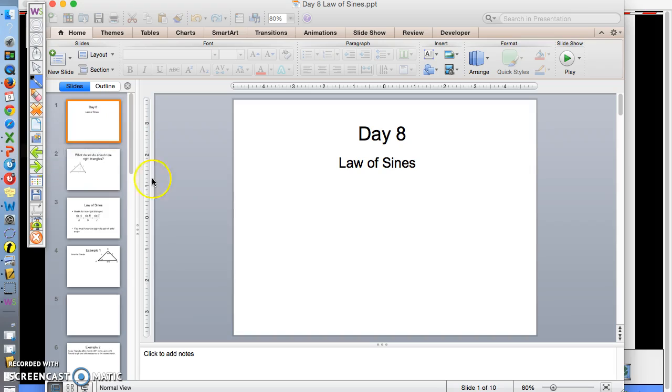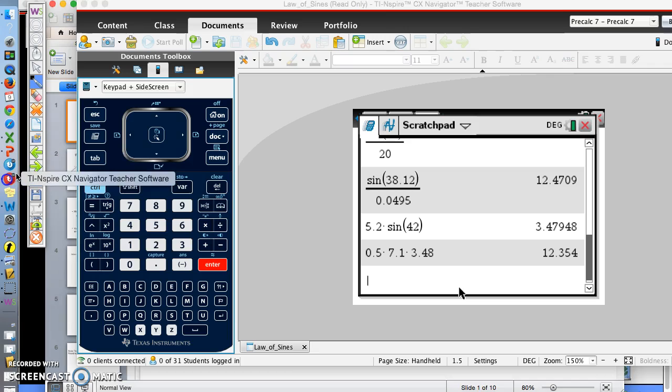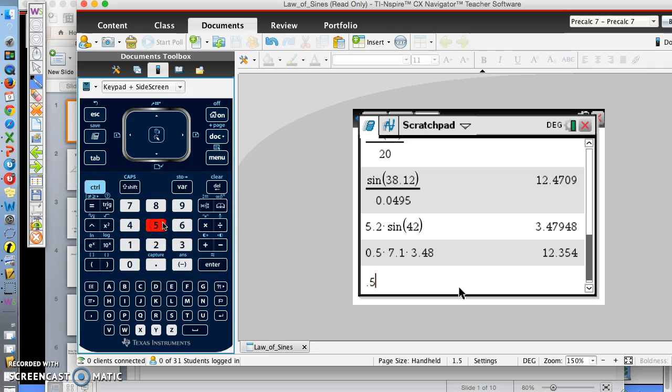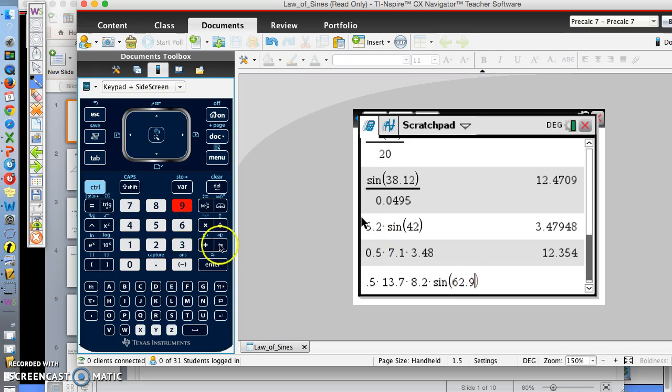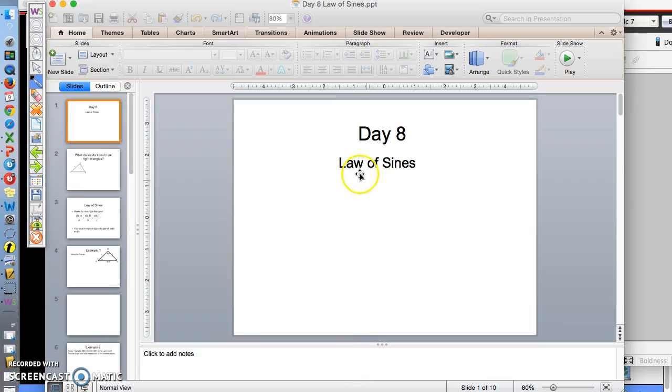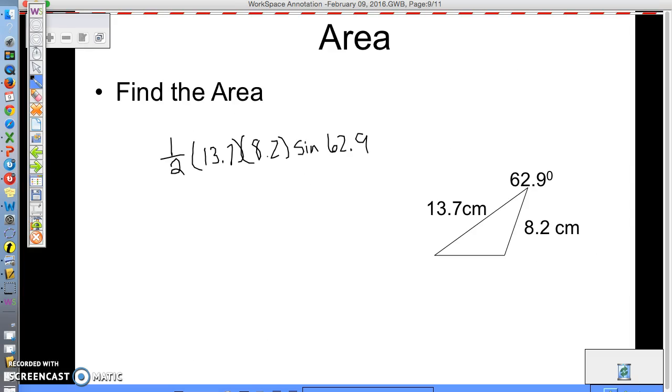And we could type that into our calculator here. 0.5 times 13.7 times 8.2 times the sine of 62.9. And we have 50. So we'd have 50 centimeters squared.